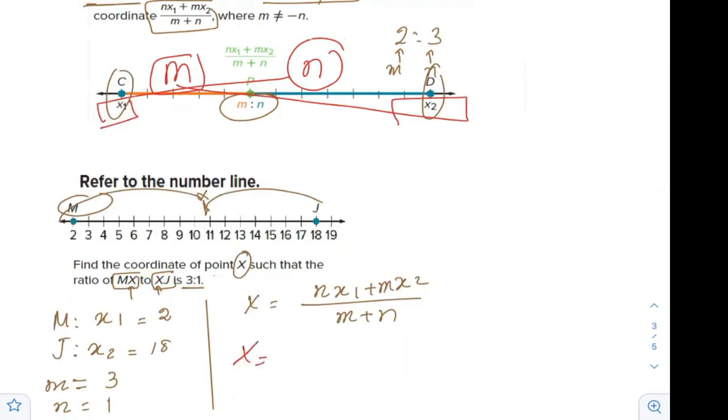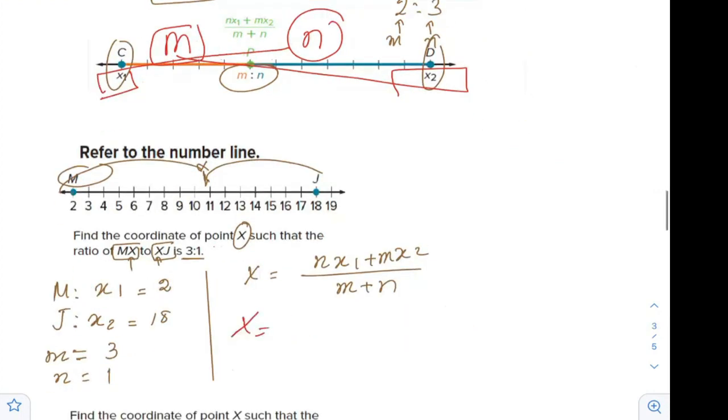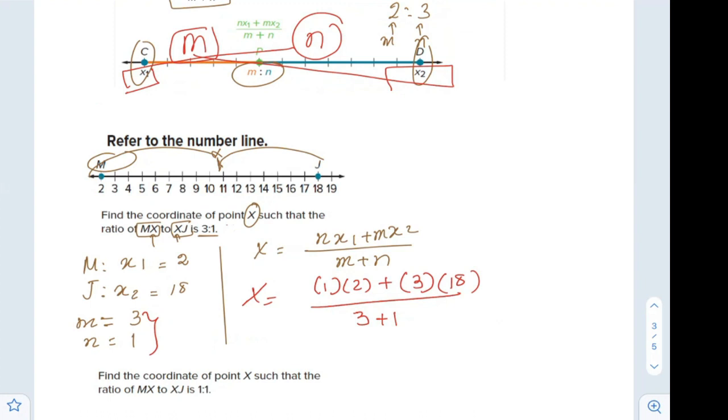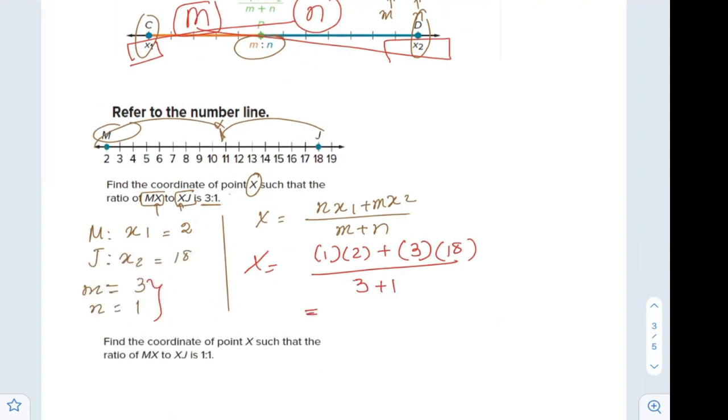So x will be at n x1, 1 times 2 plus m x2 over m plus n, which is 3 plus 1. So it is 1 times 2, 2 plus 3 times 18, which is 54, over 3 plus 1, which is 4.